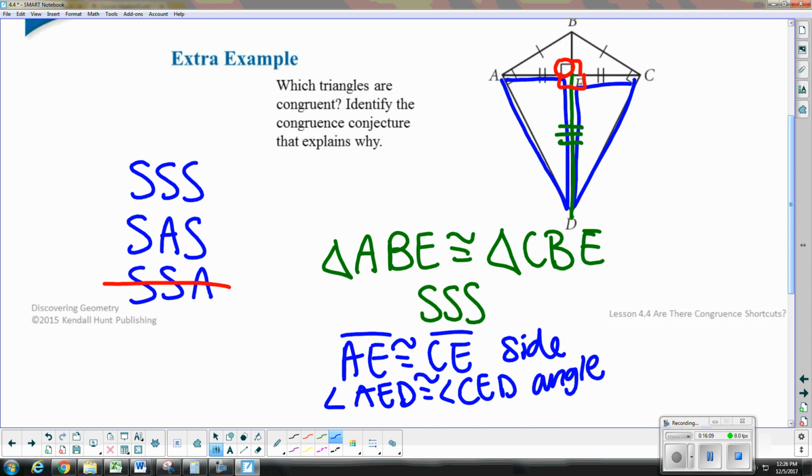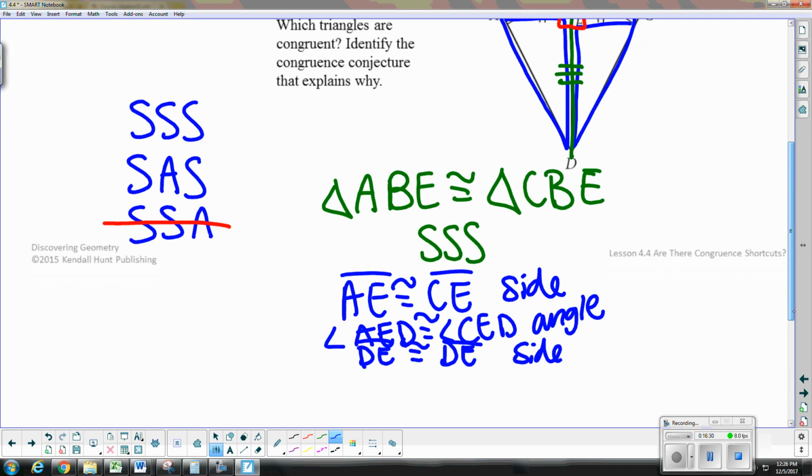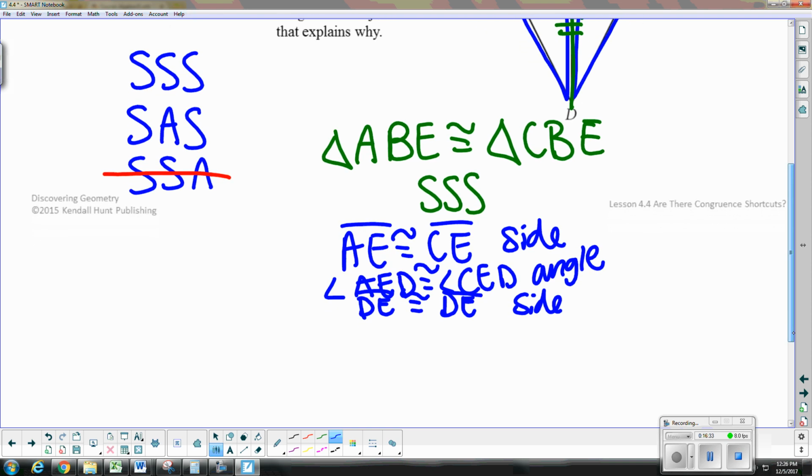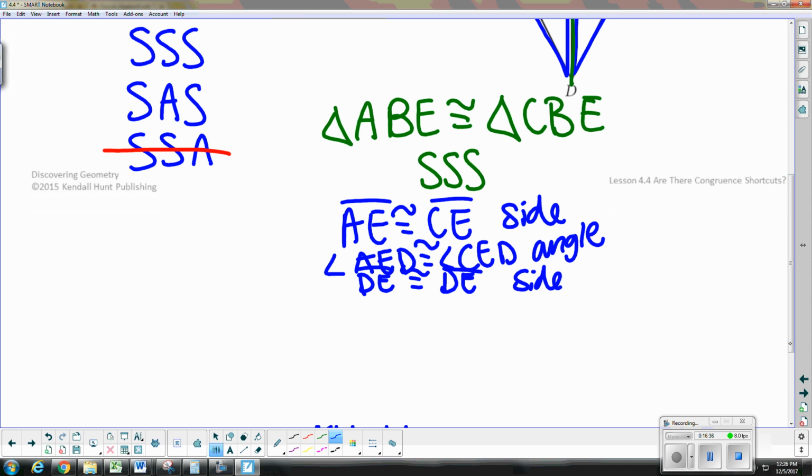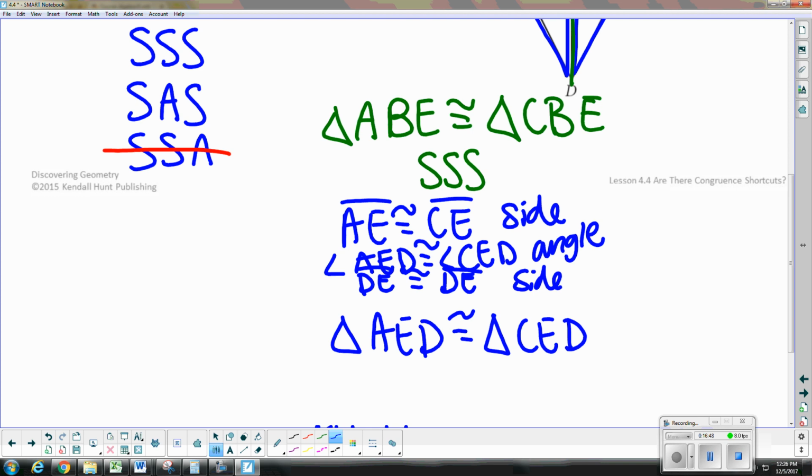And then lastly, we have side DE is congruent to side DE because it's a shared side. So that one is kind of a given. You have to think about it for a second, but it's kind of a given. So we have triangle AED is congruent to triangle CED because of side angle side.